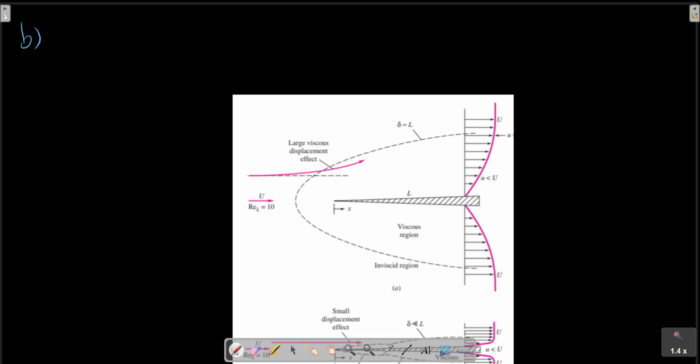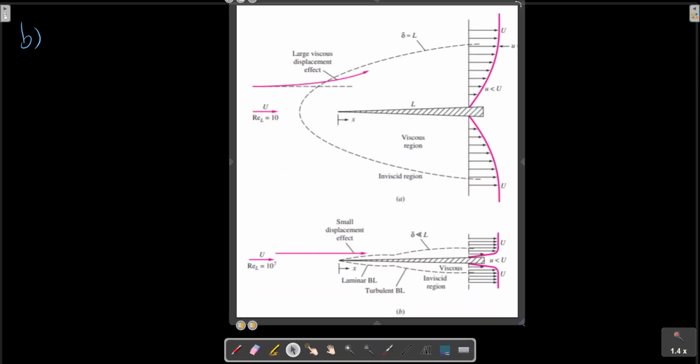Now the high Reynolds number flow, B. Let me provide the picture here again for more description.